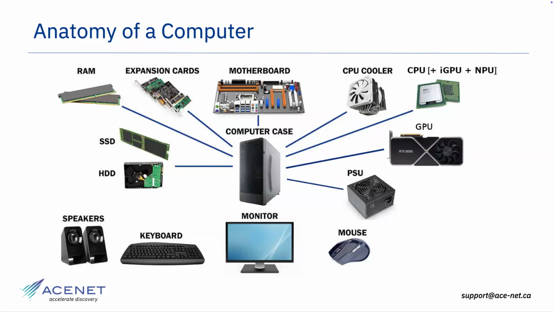And the last but not least is the motherboard, which is one of the biggest boards in a computer's case, and it forms the backbone of the device. Besides managing power, the motherboard enables communication between the computer's CPU, RAM, storage, and other components.